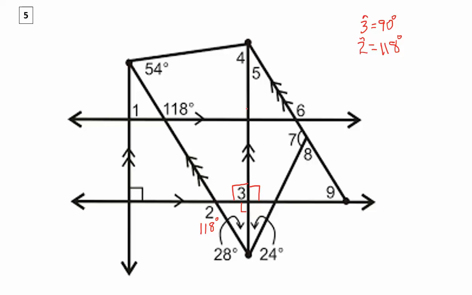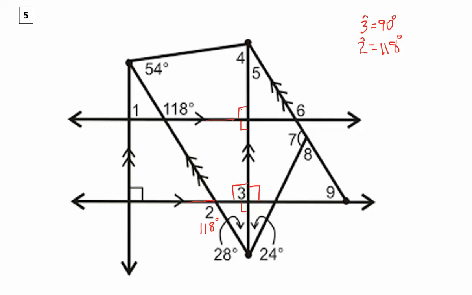We know that this is a 90-degree angle. Why? Because these lines are parallel. Can you see this line here and this line here? And because that's 90, this has to be 90 co-interior, which makes that a 90-degree angle.